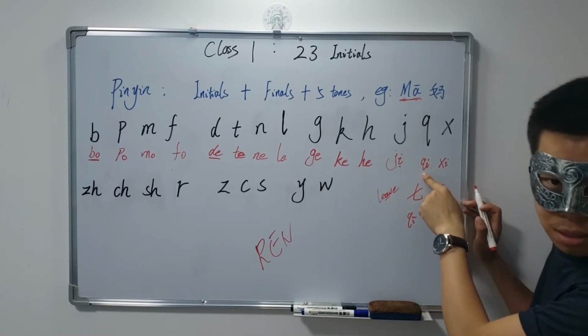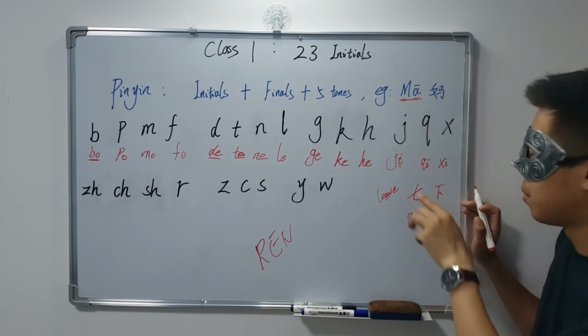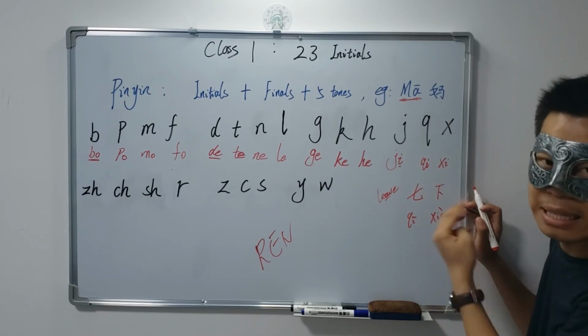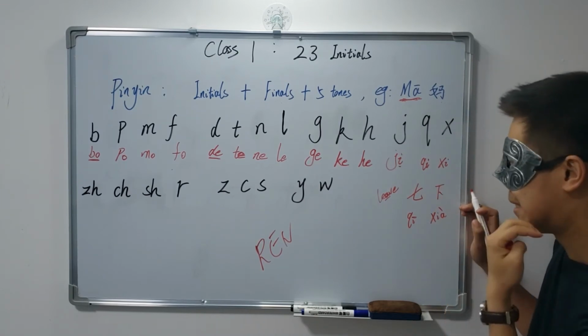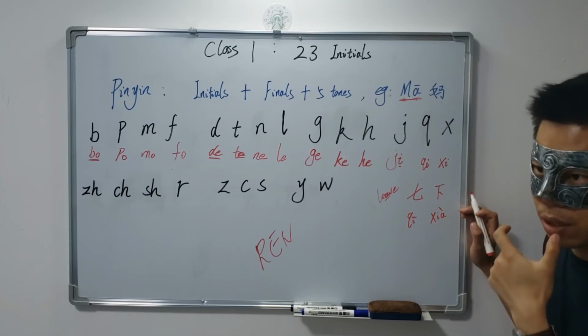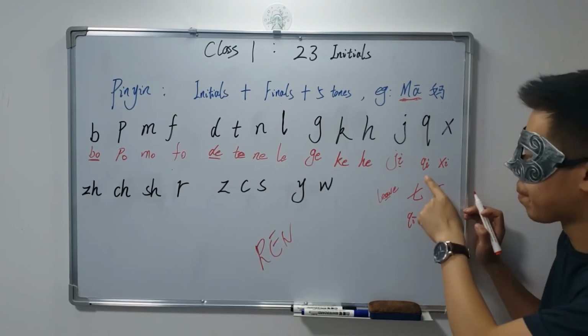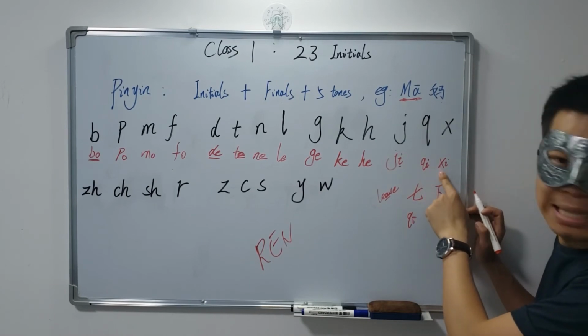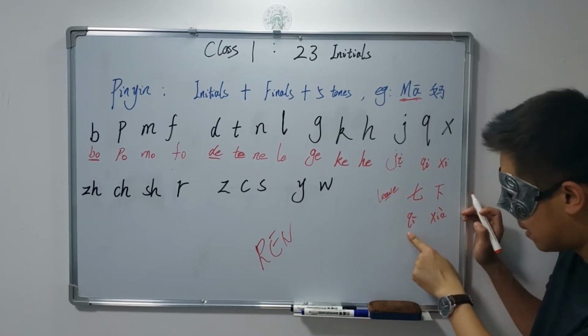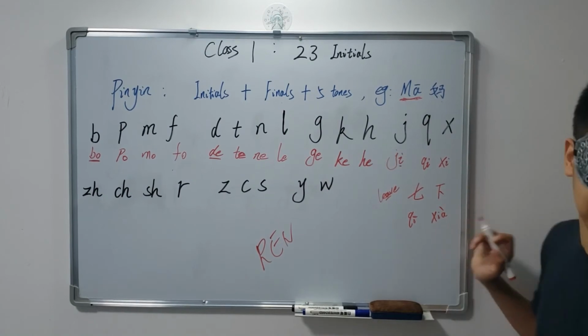When you pronounce qi, your tone is going up. When you pronounce xi, it is going down. But you put your mouth wider, like qi, xi, qi, xia.